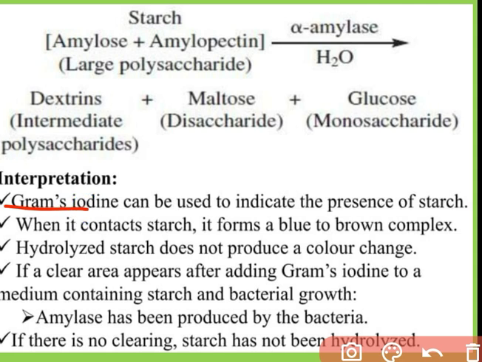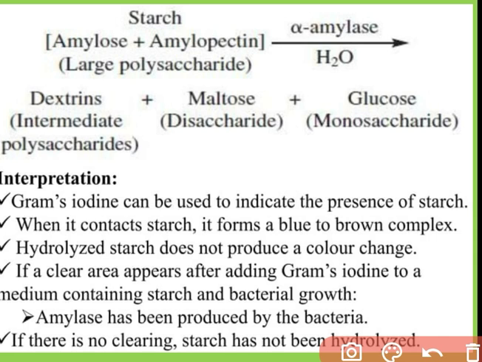When the iodine comes in contact with starch, it forms a blue to brown colored complex. But when starch is hydrolyzed and converted into dextrin, maltose or glucose, this hydrolyzed starch does not produce such a blue or brown color in the presence of iodine.